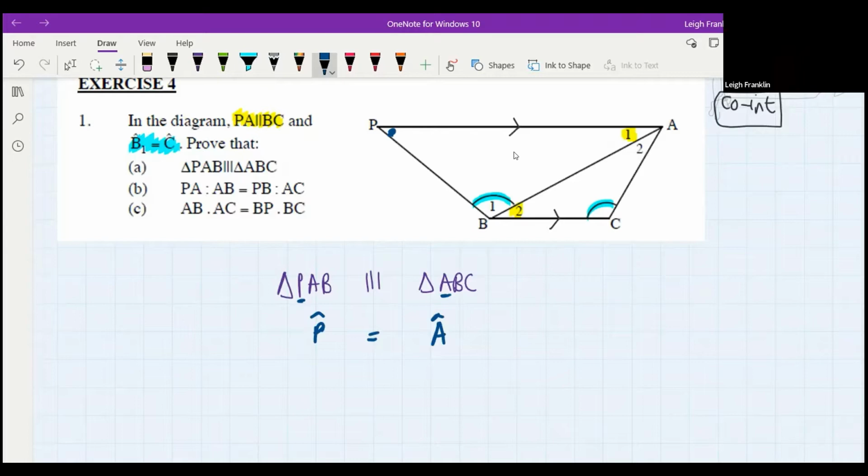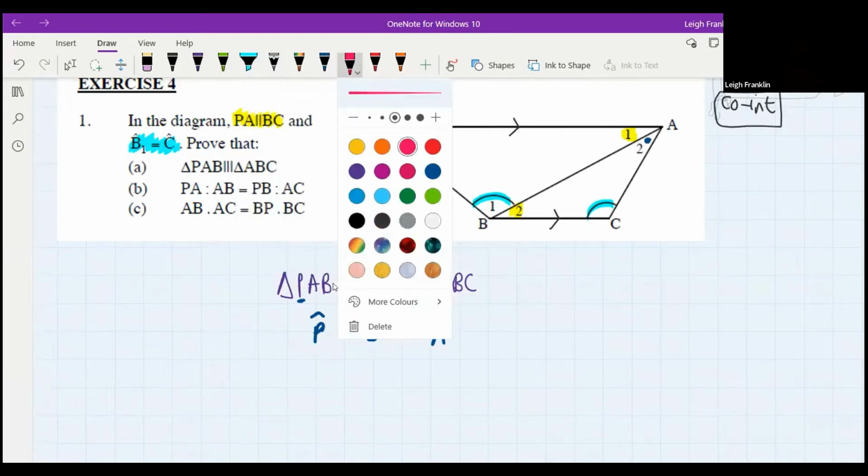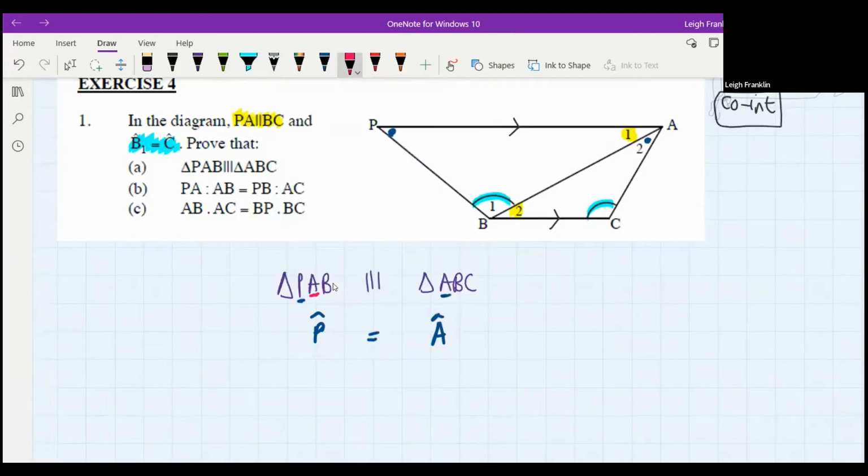One's not inside the other one, the common side in this case. So P over there and A over here are equal to each other. The next letter that I see is letter A. So over here, this angle A corresponds with this angle B. These two are equal to one another.